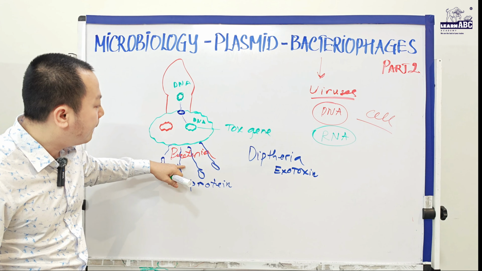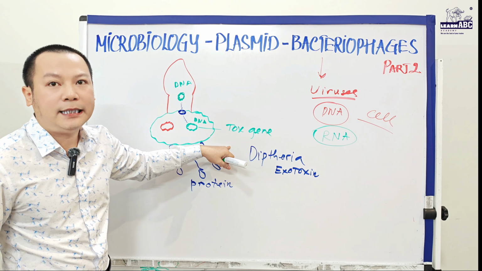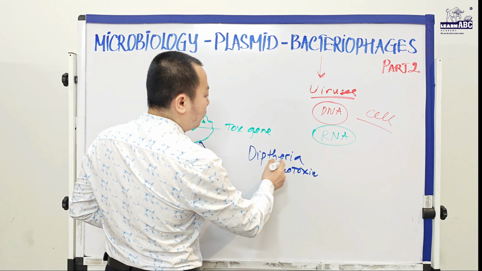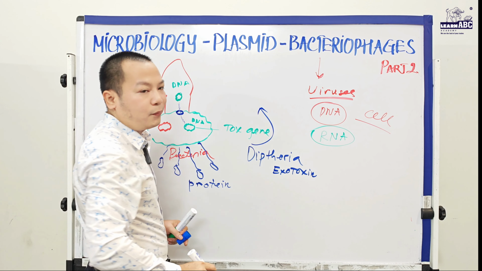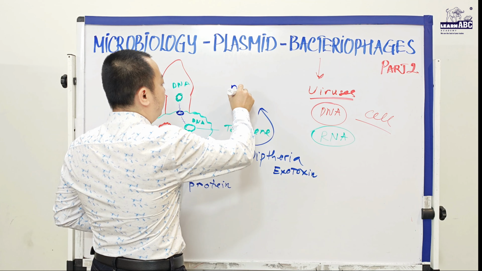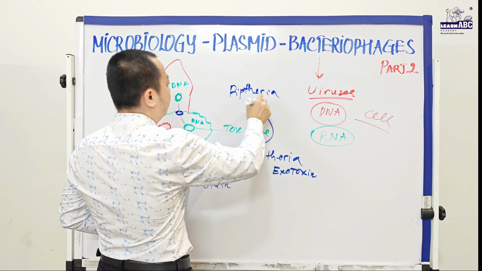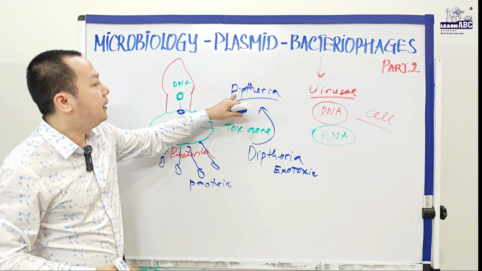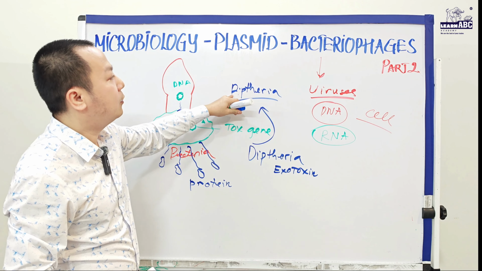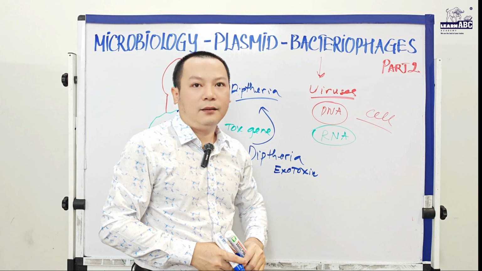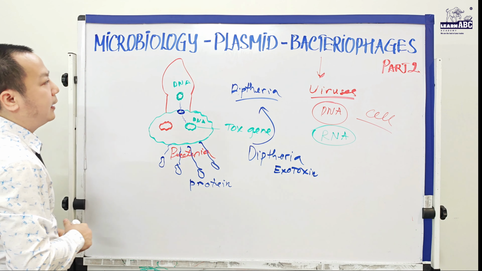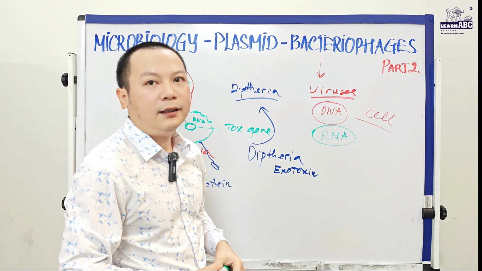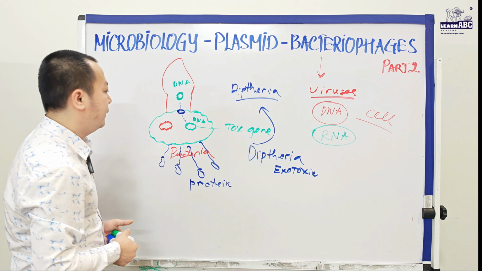It means this bacteria can produce disease. This diphtheria exotoxin will produce one type of disease that we call diphtheria. So this is also one type of disease, produced or created by the bacteriophage. Now, I hope you understand what a plasmid is and what a bacteriophage is. Then, thank you so much.